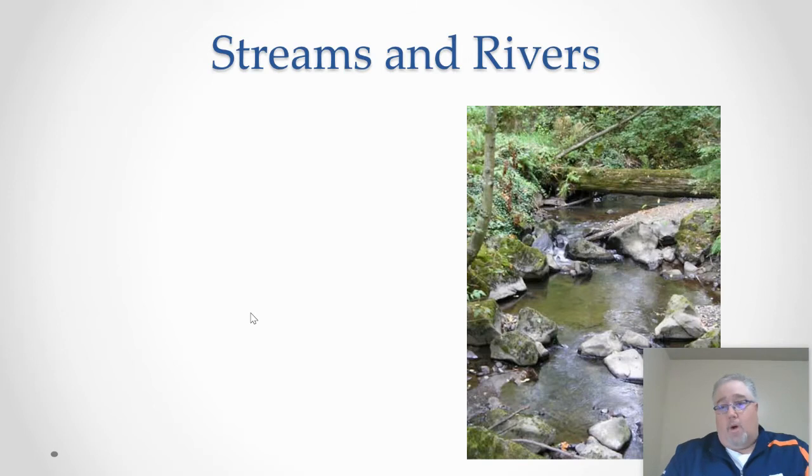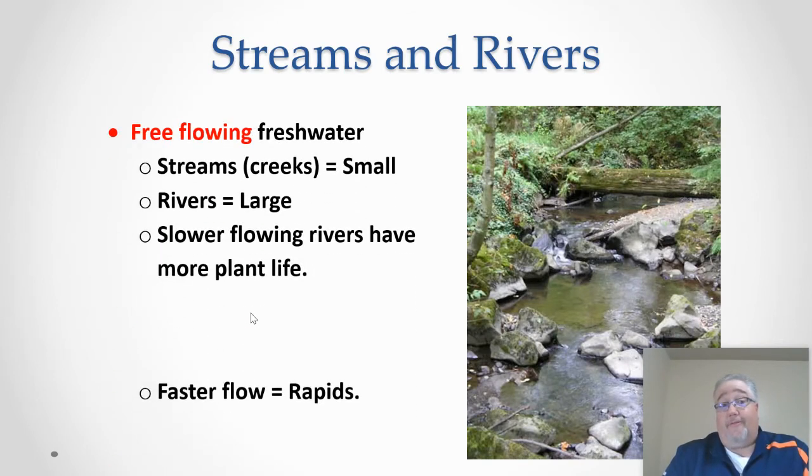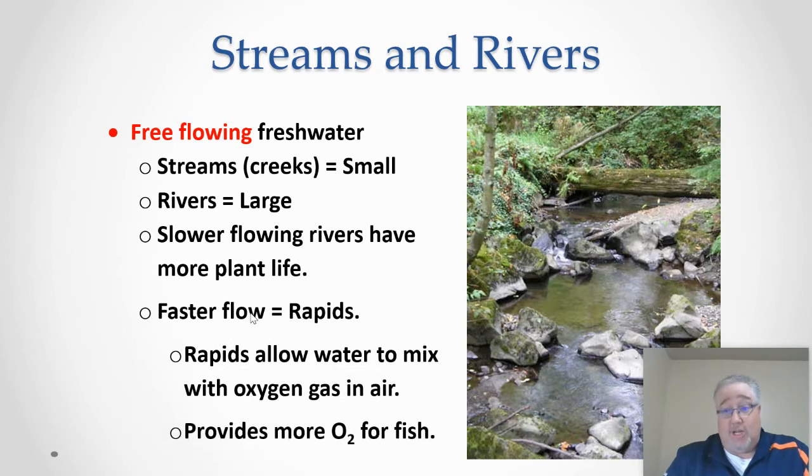All right, now freshwater biomes, we'll start with streams and rivers. The biggest thing here, these are free flowing. They're not stationary, non-moving bodies of water. They definitely flow. As far as the difference between a stream and a river, there really isn't much difference, other than typically rivers are bigger.